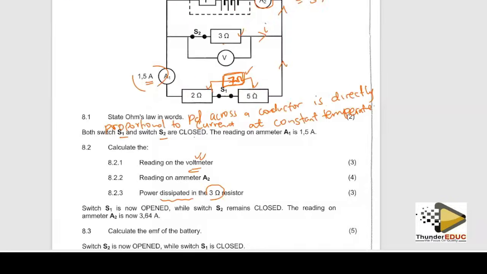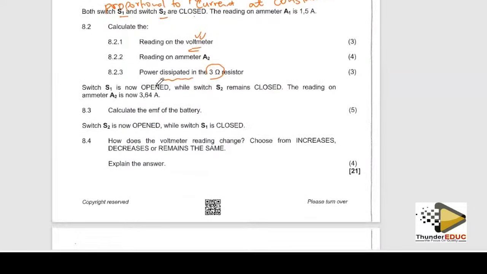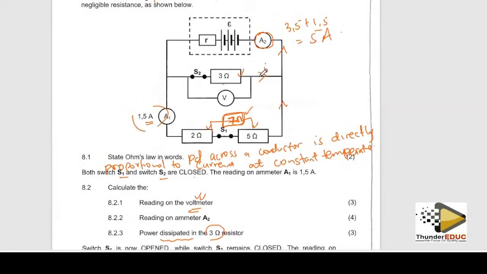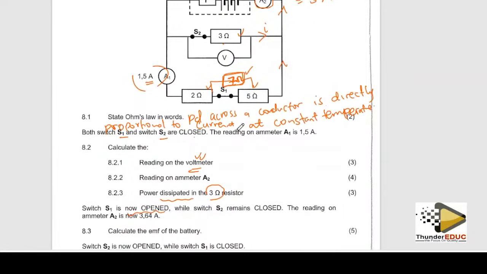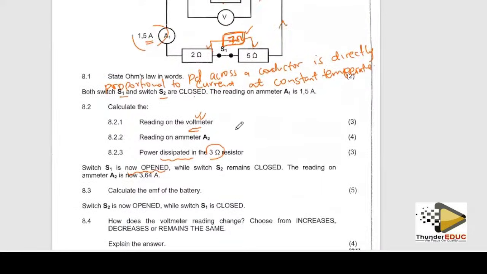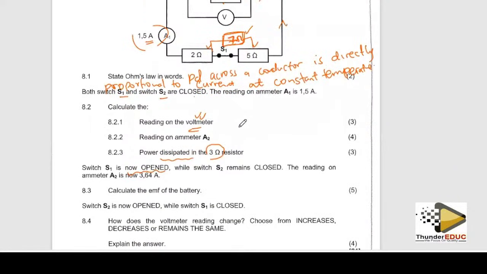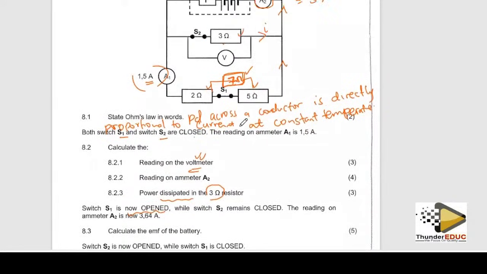Then we move on to the next condition. S1 is open. Okay, so if S1 is open, which means our main focus is just the 3 ohm. Wait, which one is open and which one is closed? S2 is opened.